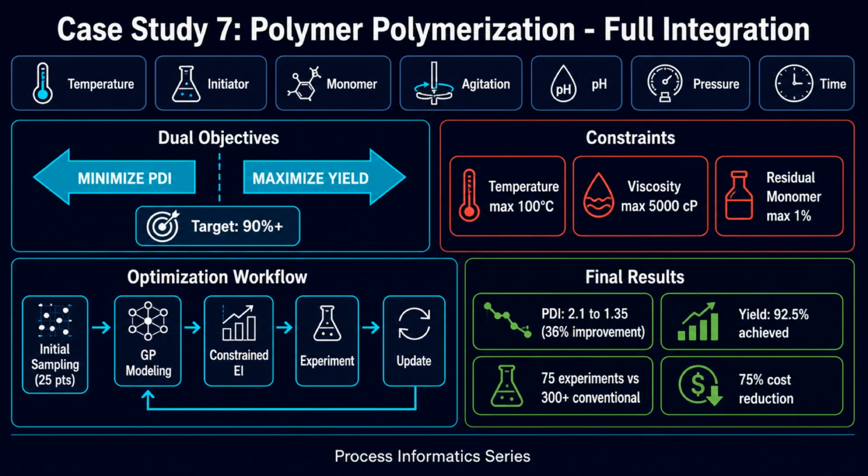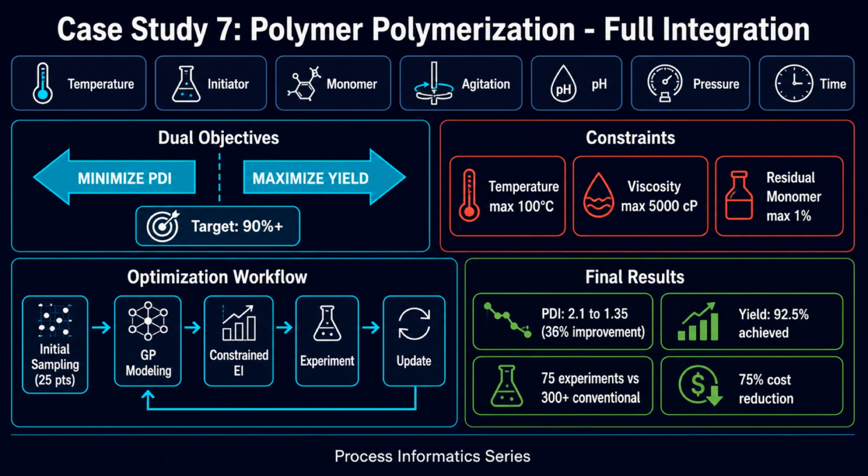Our final case study demonstrates a complete industrial implementation for polymer polymerization. We optimize 7 parameters to minimize polydispersity index while achieving at least 90% yield, subject to constraints on temperature, viscosity, and residual monomer. The optimization cycle begins with Latin hypercube sampling for initial coverage, builds Gaussian process models, computes constrained expected improvement, executes experiments, and updates.